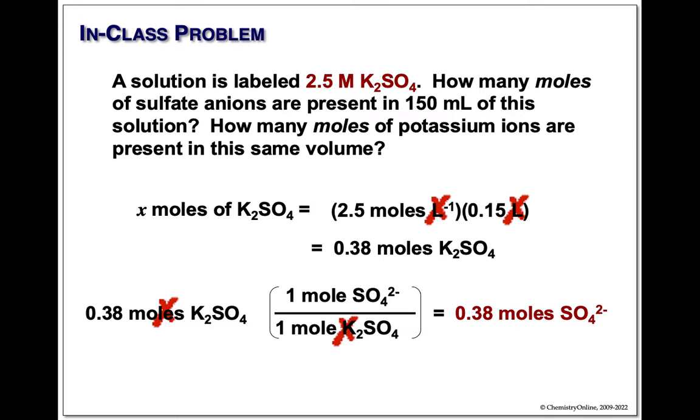For potassium, every potassium sulfate gives us 2 potassium ions. So here's our mole ratio, 2 times 0.38 divided by 1, twice as many potassiums as we had sulfates. Any questions?